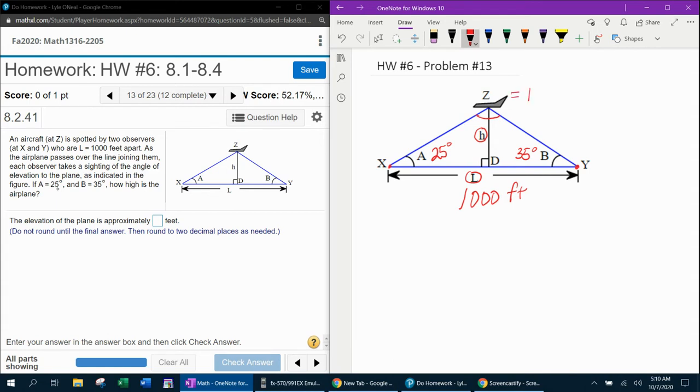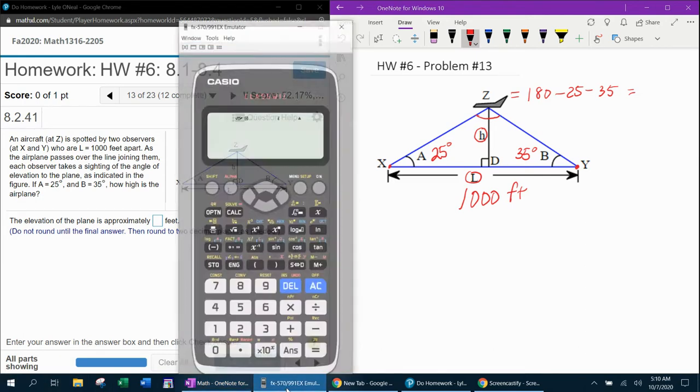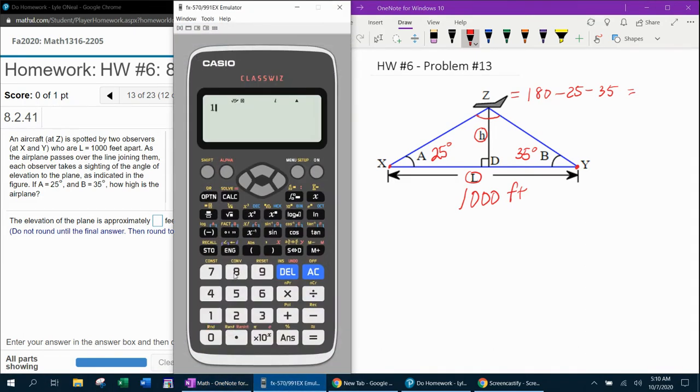Therefore, angle Z is going to be whatever it takes to make 180. So pulling up my handy dandy calculator, 180 minus 25 minus 35 means that angle Z is obtuse. It's 120.